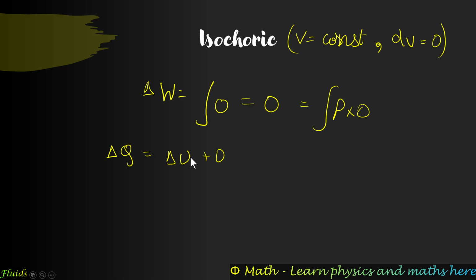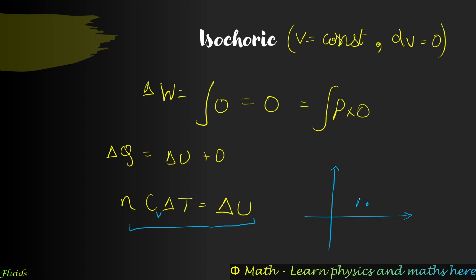So Q is equal to U, and we know that nC delta T is equal to delta U. But we are going to write Cv instead of C, because this is for constant volume. The PV graph for this case would be a straight line from A to B, because volume is constant, so it is not going to go in the forward direction.